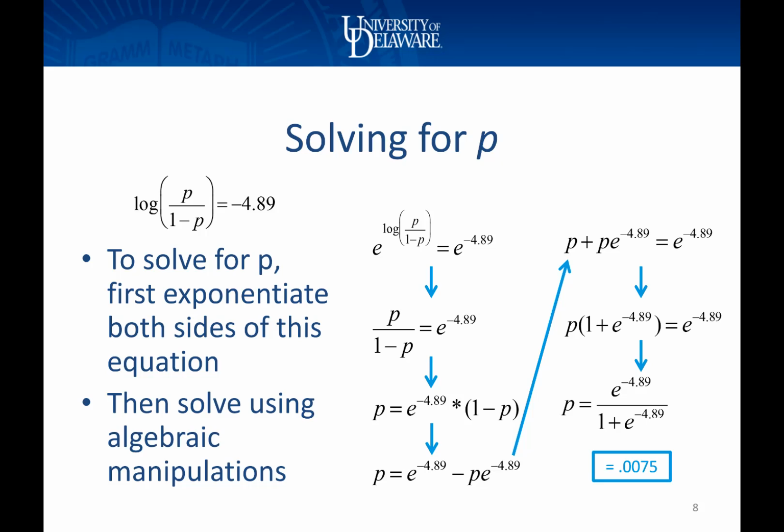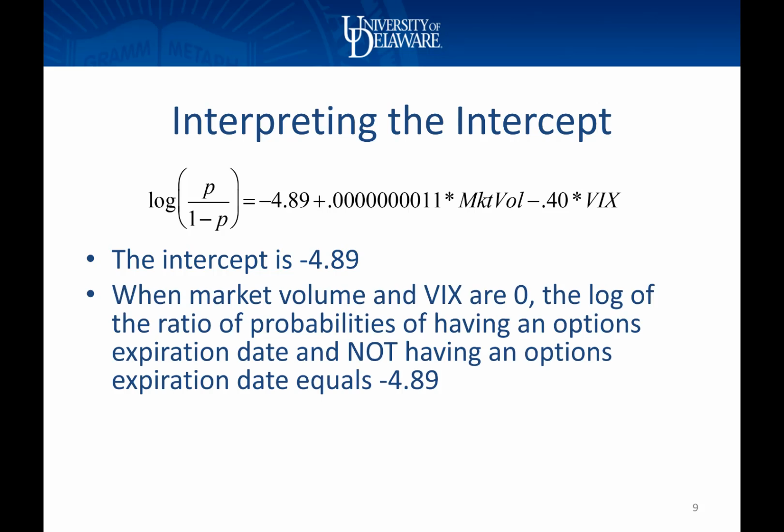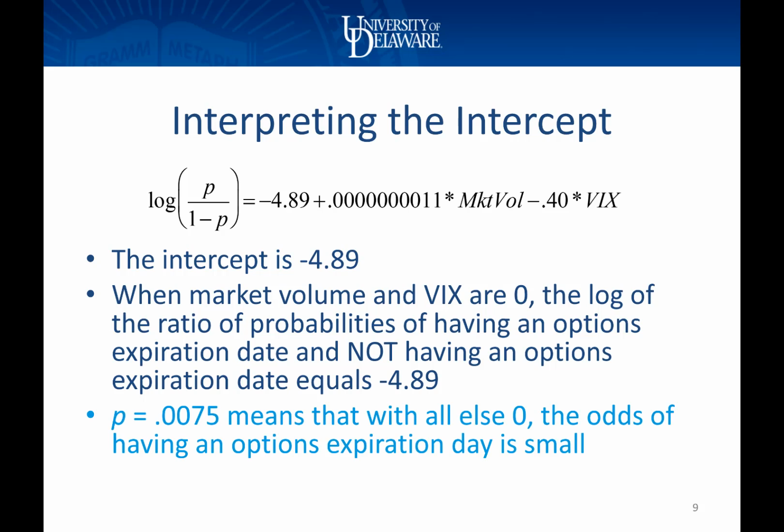And that means it was a very, very small probability P. So the probability of success, or the probability that it's an options expiration date, is very small. With a negative 4.89 intercept, we're really talking about a day where there's no market volume and no volatility. And on such a day, the odds of an options expiration is really small.